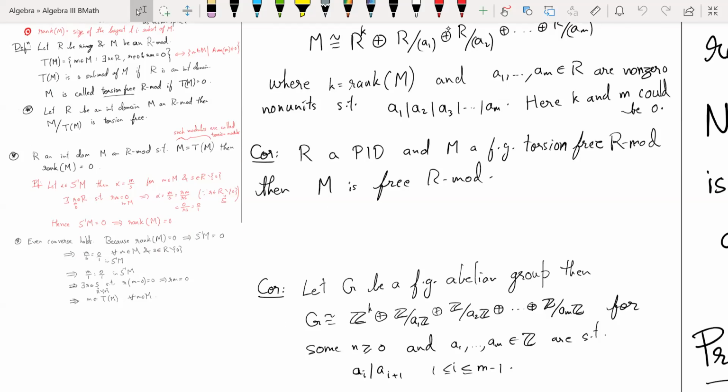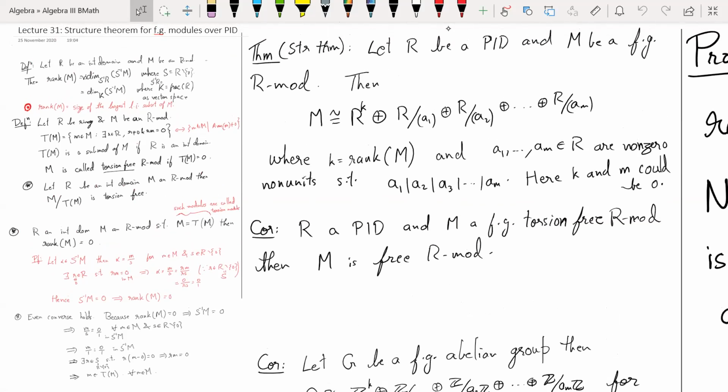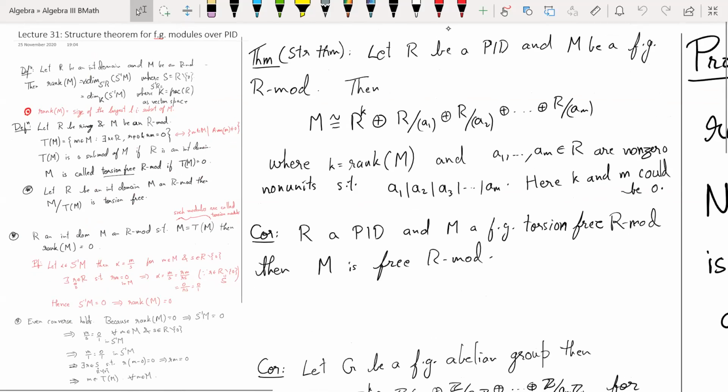So the structure theorem for finitely generated R-modules, when R is a PID, is precisely an analog of this. Here M is a finitely generated R-module and R a PID.